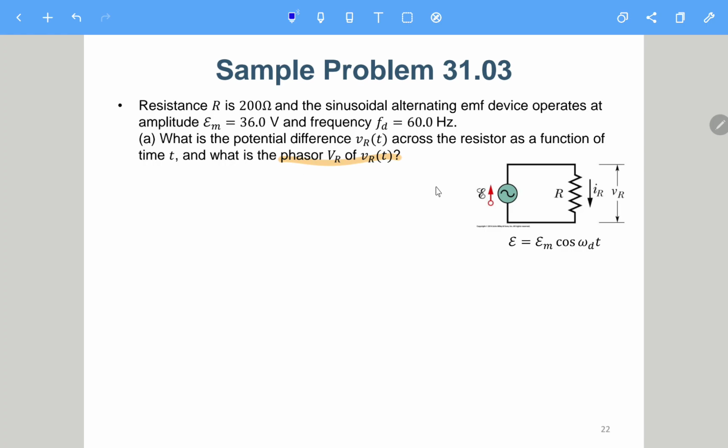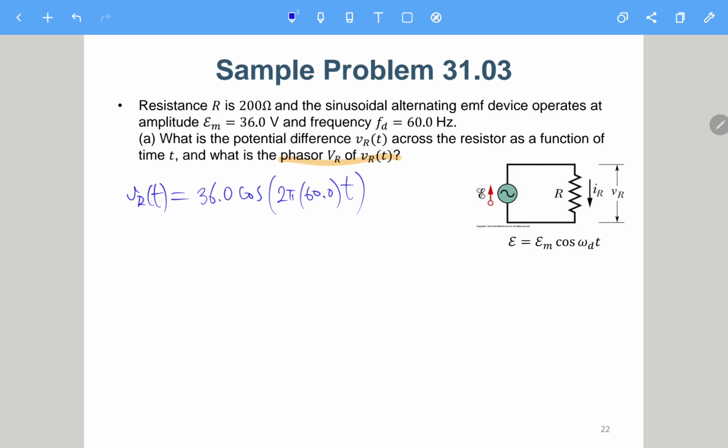VR of t is nothing but EM cosine of omega d t, since it is just connected to the resistor. So it is 36.0 cosine of 2 pi FD t, where FD is 60.0 hertz.